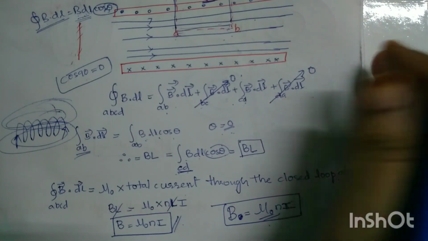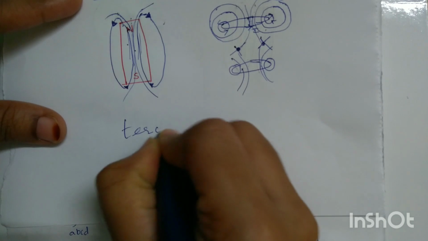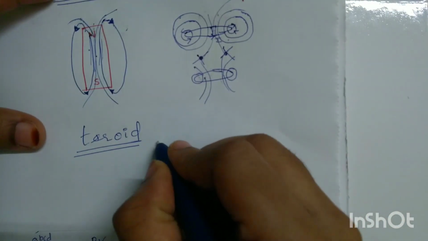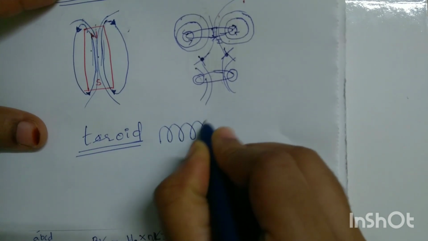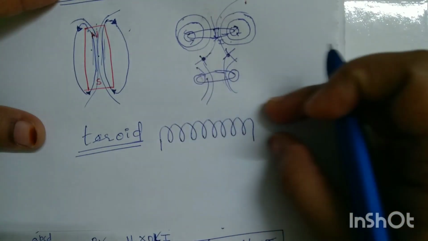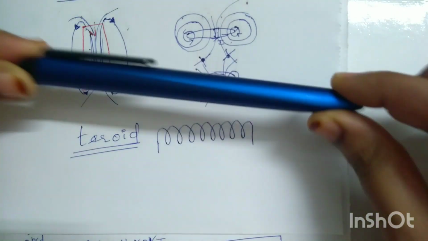Hope you have understood. Similar to the solenoid, we have another concept, that is the toroid. A toroid is very similar to the solenoid. Suppose this is your solenoid, which is straight. You can take both the ends of the solenoid and bend it.